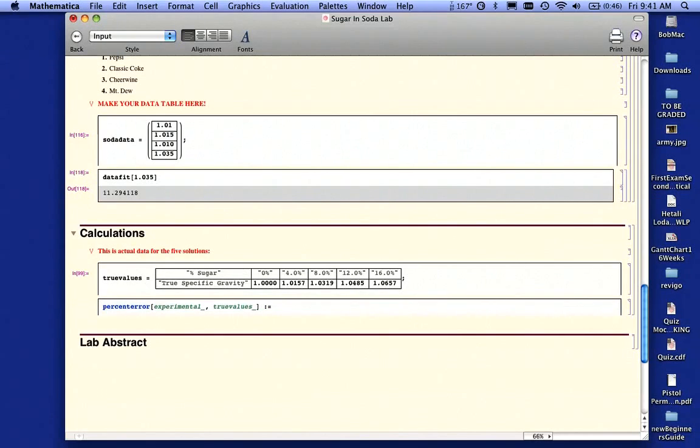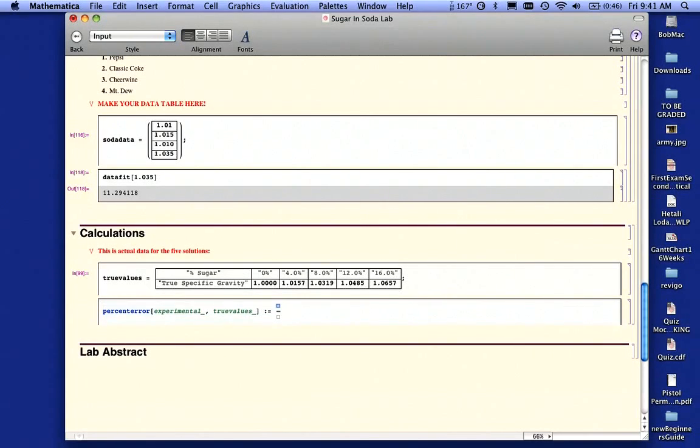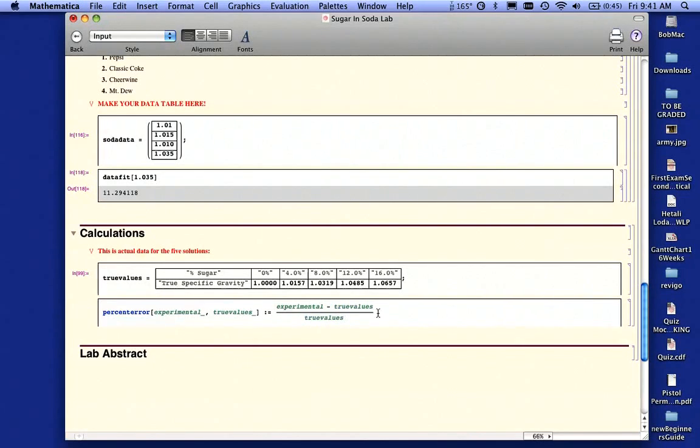I'm going to do a control backslash, and I'm going to say experimental minus true values, all divided by true values, and this equation is up above. I'm going to take the absolute value of this whole thing, and multiply it by 100.